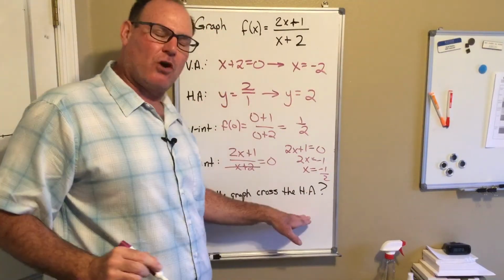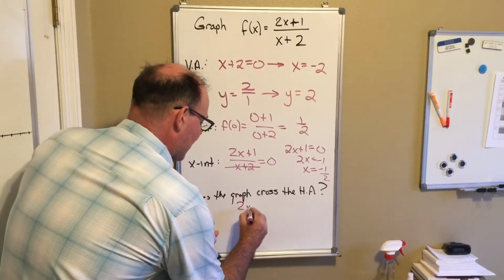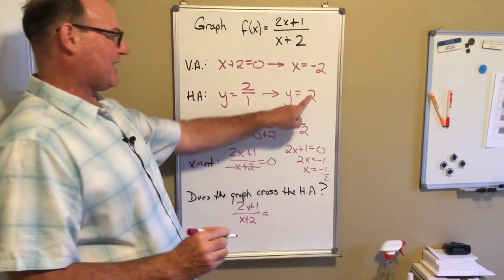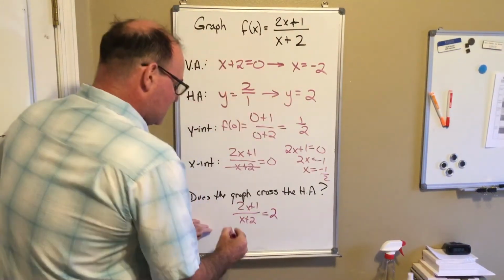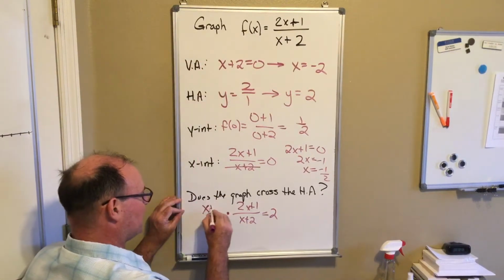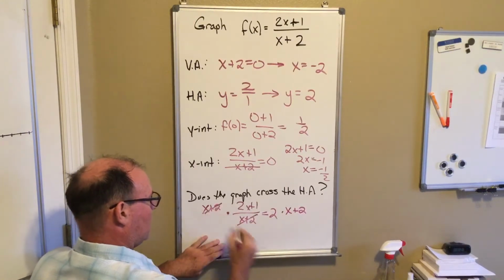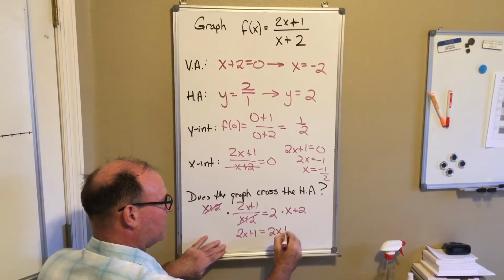Does the graph cross the horizontal asymptote? So let's see. I'm going to take my 2x plus 1 over x plus 2, and I want to know, is that equal to the horizontal asymptote value of 2? So once again, I'm going to multiply both sides by the common denominator. 2x plus 1 is equal to, when I distribute, 2x plus 4.